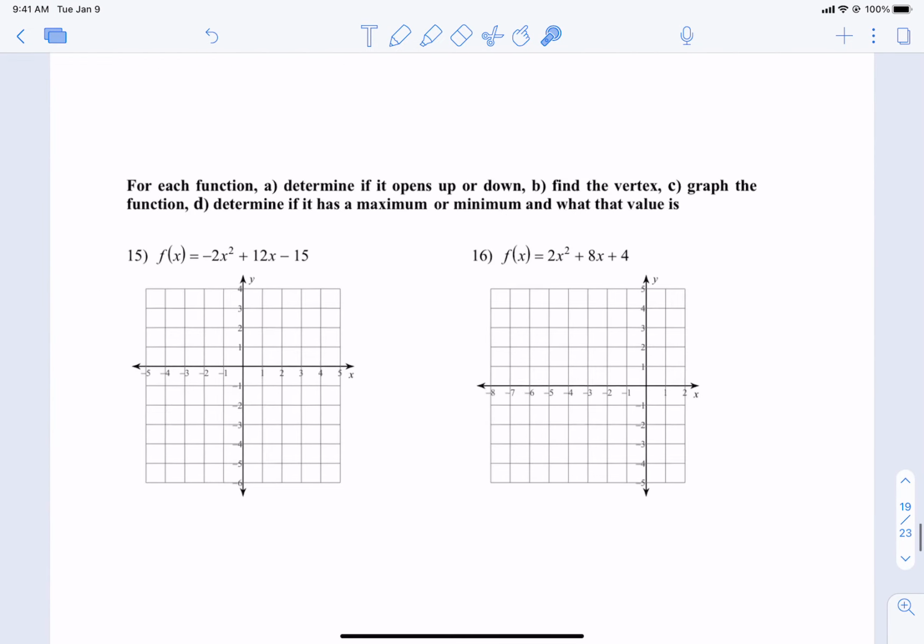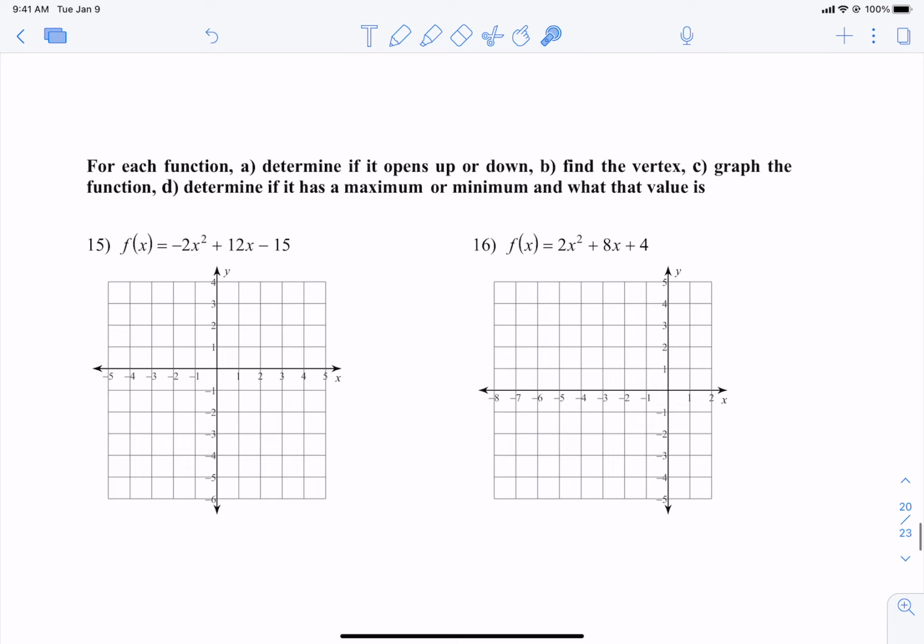And then finally, I want to take a look at number 15. So it says for each function, determine if it opens up or down, find the vertex, graph the function, determine if it has a maximum or minimum, and what that value is.